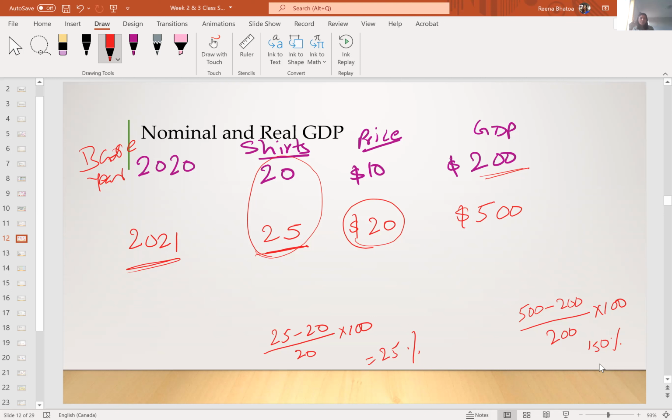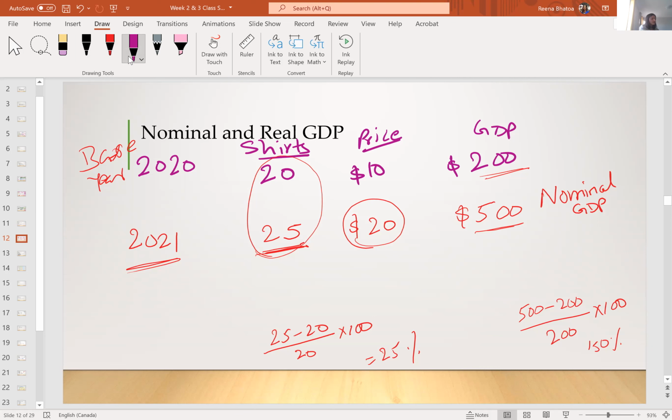So that is the reason for GDP to increase. If we do not take care of the price or inflation rate, and we take the current prices of the product, we are calculating nominal GDP. So when we take the current year quantity and current year prices, that is nominal GDP.